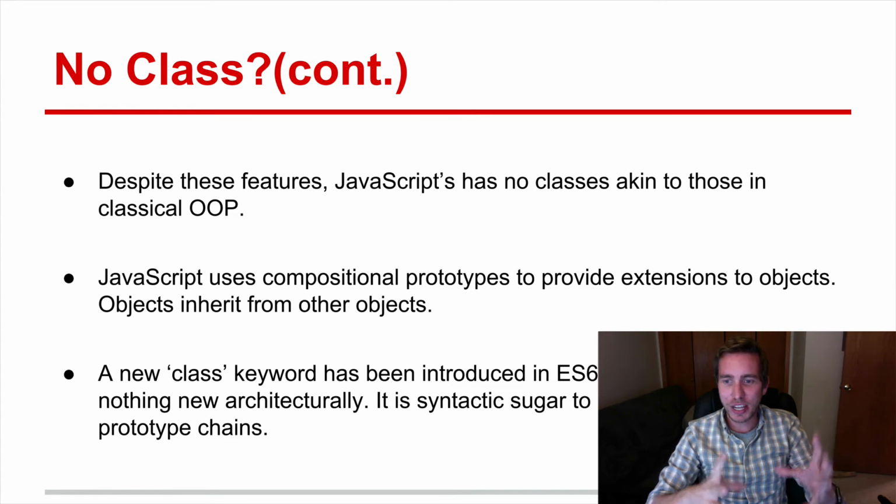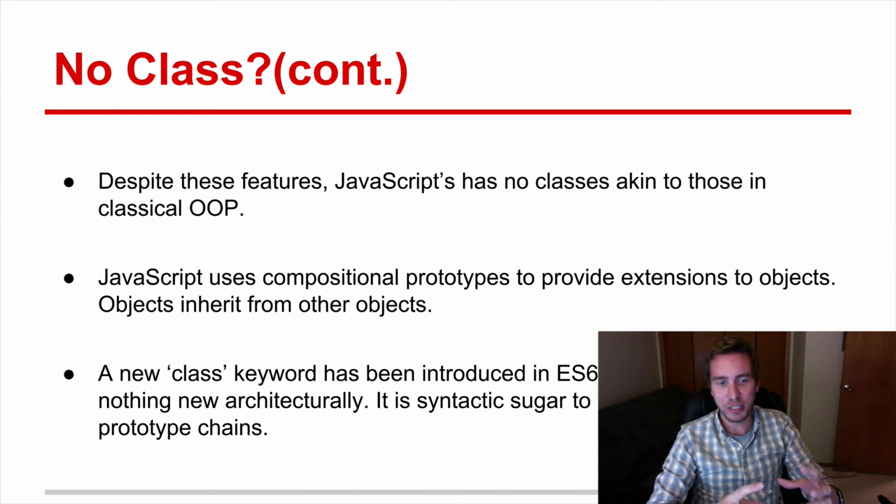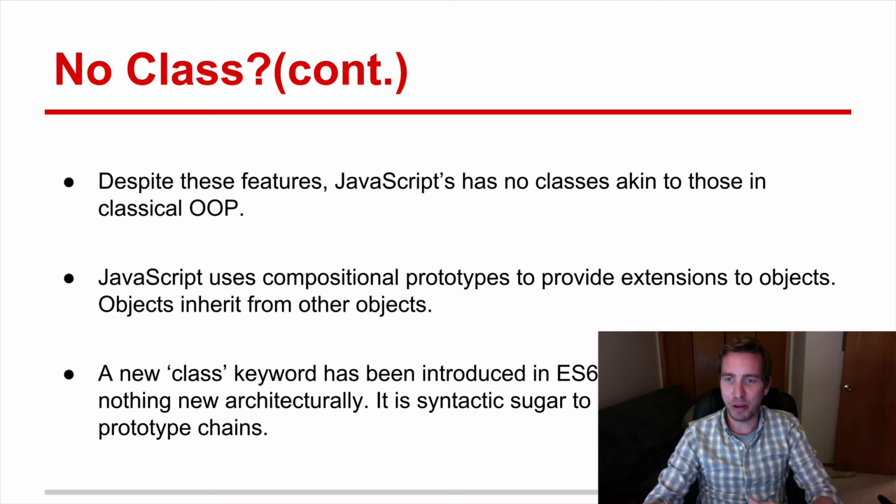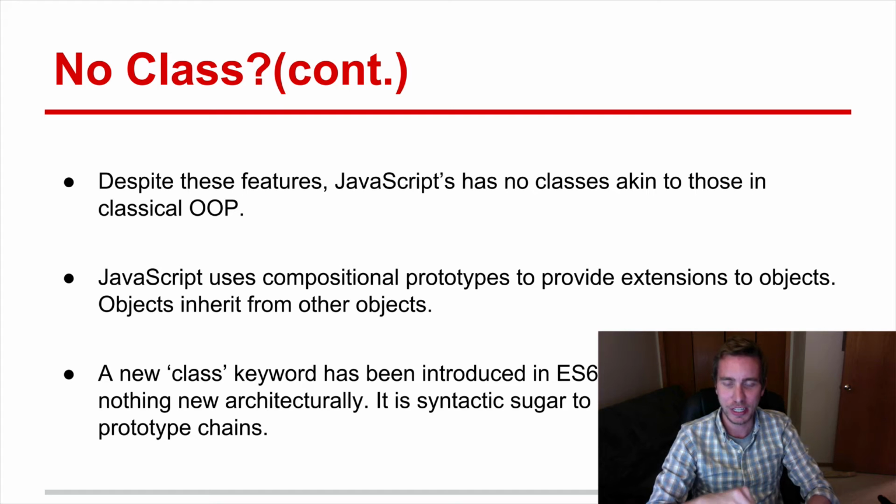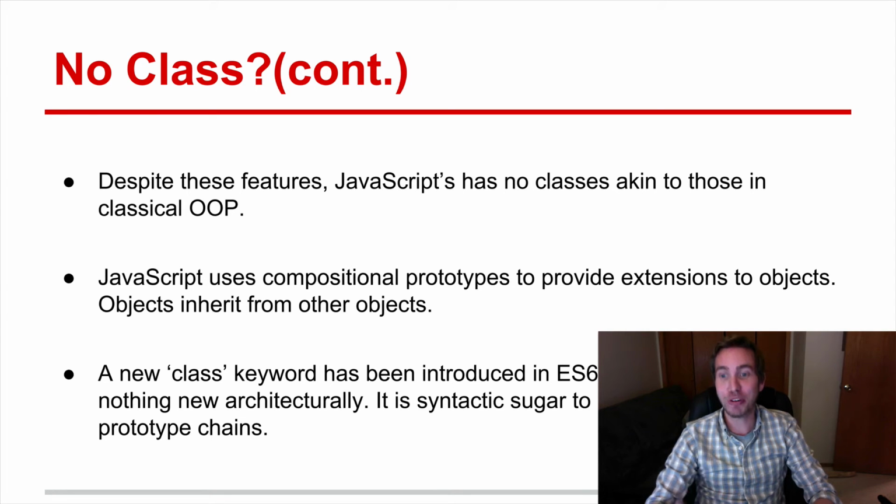So you're not taking it from some sort of abstract concept. You're taking it directly from another existing object. So if you make changes to that existing object, those changes will be reflected in the child that you are plugging your prototype into, which is extremely powerful.